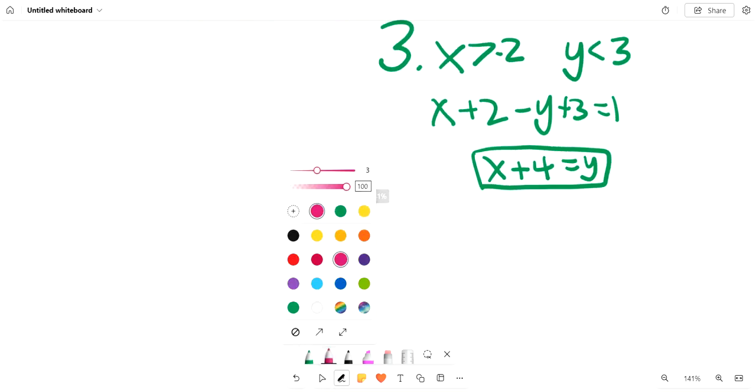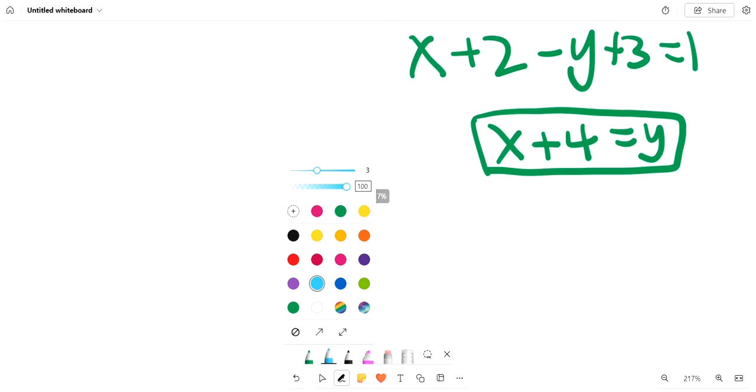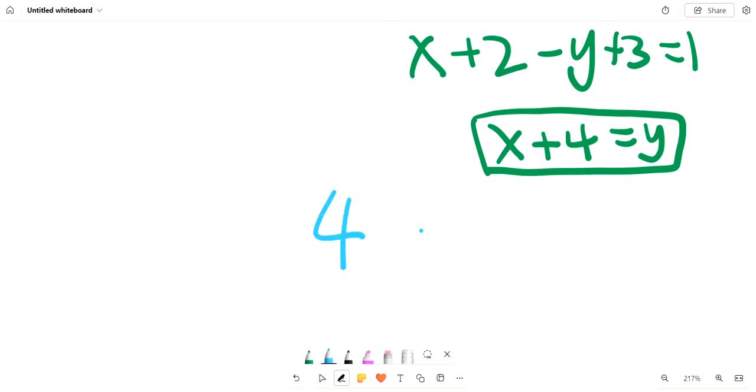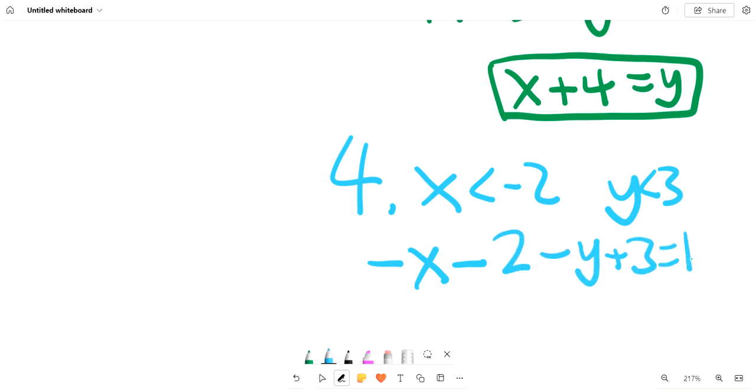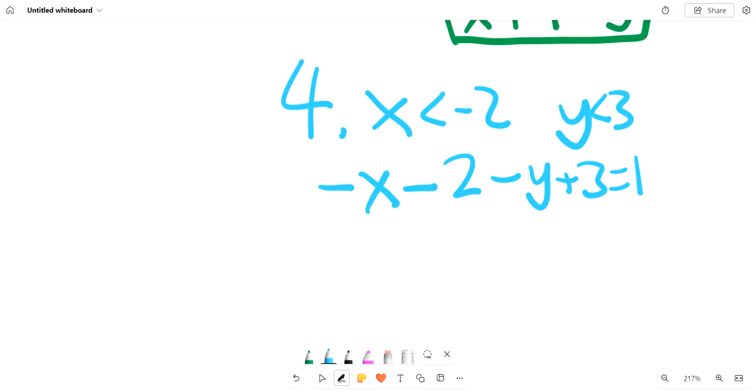And so case number 4 is when x is less than negative 2 and y is less than 3. So this is just the reverse of everything, which is minus x minus 2 minus y plus 3 equals 1. So after you cancel everything out, you just get minus x equals y.